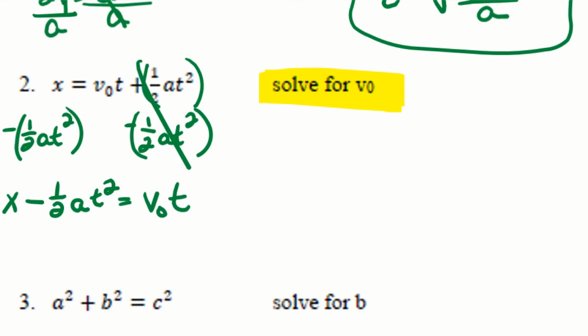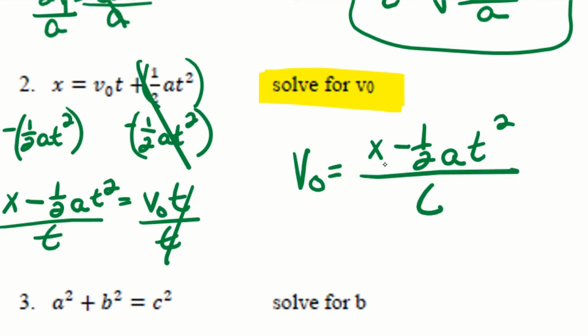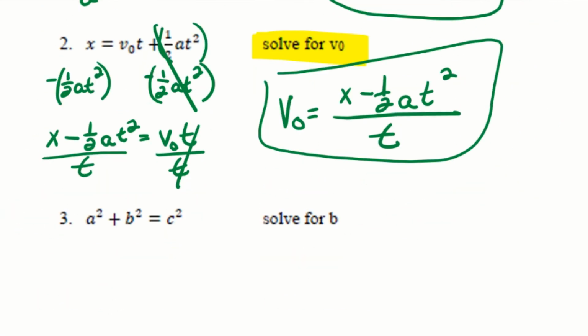Well, because it's being multiplied, I need to divide on both sides. Okay, now I'm going to be left with V initial equals x minus 1/2 at squared over t. And that would be my answer. Okay, so now let's try out one more.